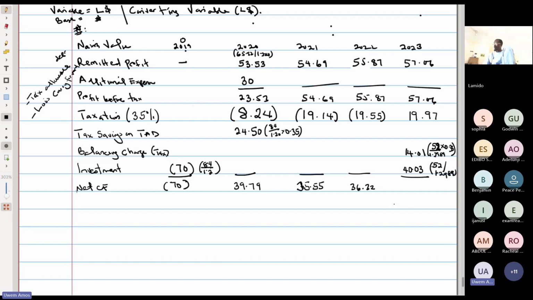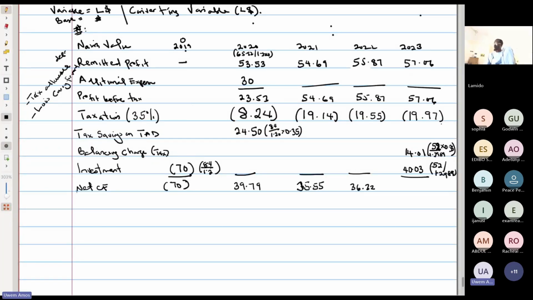And the next one, 57.06 plus, sorry, I thought a plus, that's a negative. We didn't put our bracket. That's tax, so we didn't add our bracket to that. So 56.06 minus 19.97 plus, not a plus.